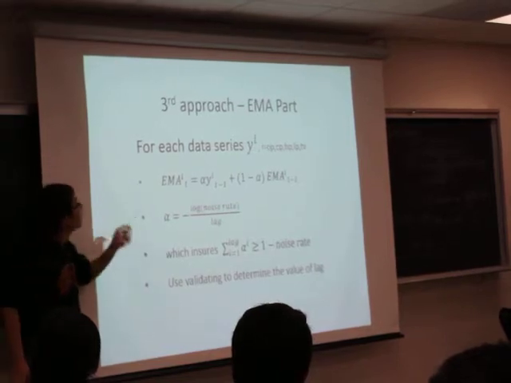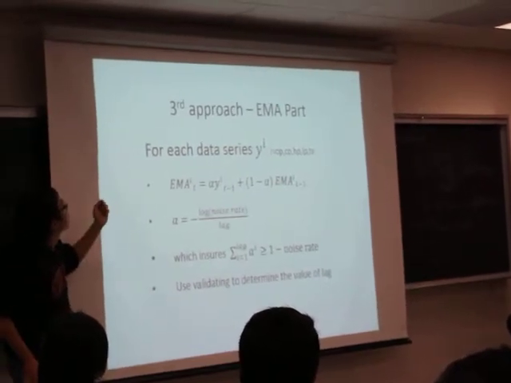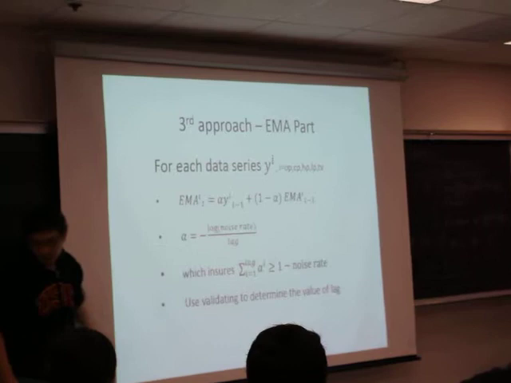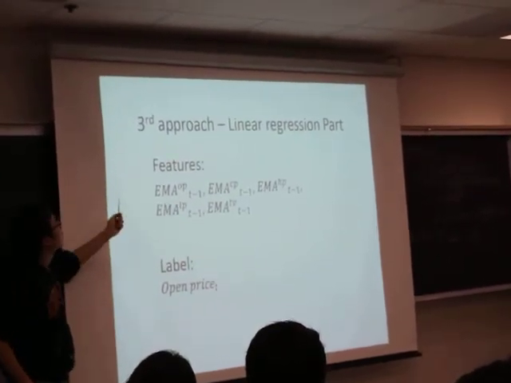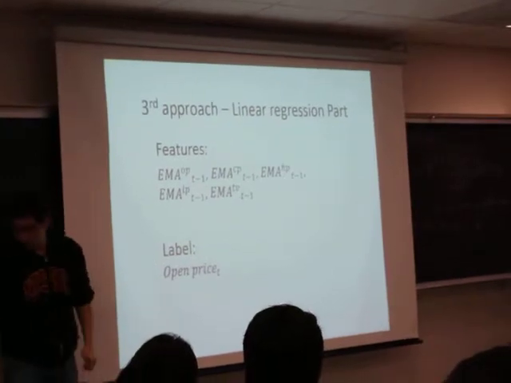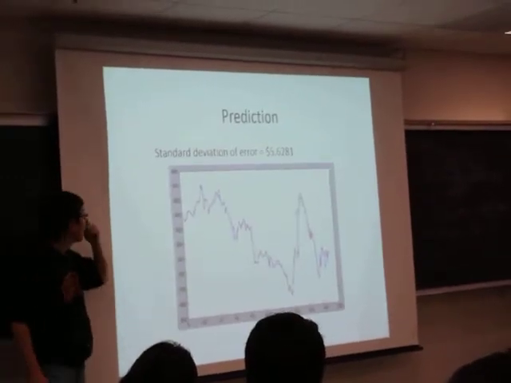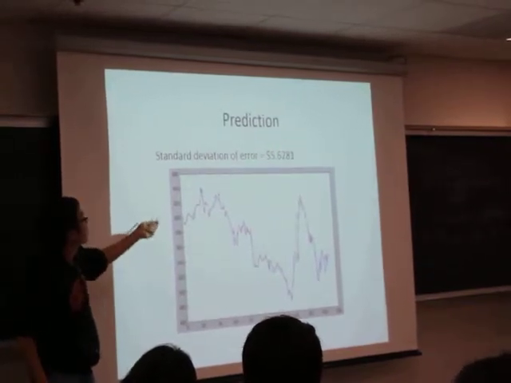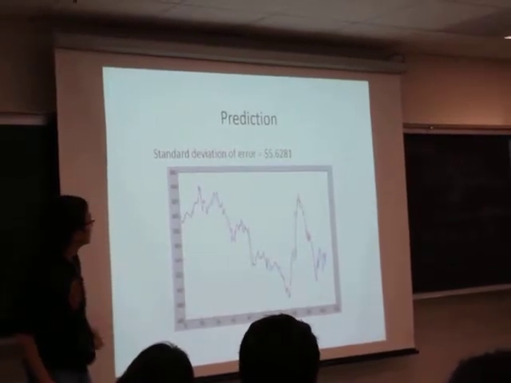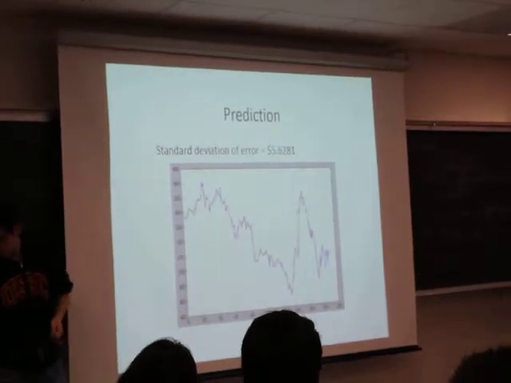Here are the formulas to calculate the EMA, and here are the features for linear regression and the label. Here is our result. It's very good, and the deviation is much smaller than the ARMA model.